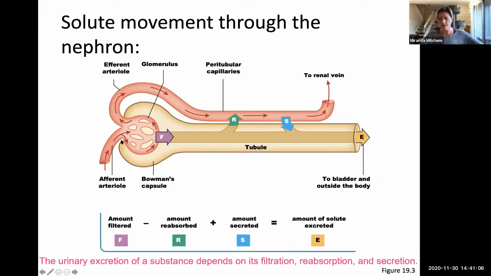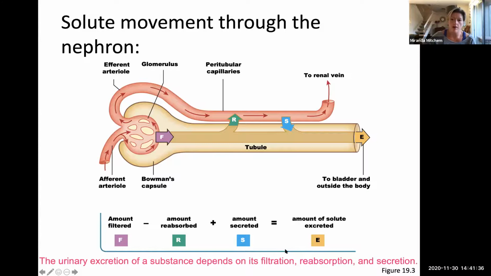In some ways, this is a simpler figure, but we're focusing on the blood flow coming into the glomerulus and then right back out the efferent arteriole. Whatever passes through in the filtrate then moves into the nephron, where it is either reabsorbed to the bloodstream or material is secreted from the bloodstream into the tubule, and then whatever is left over is excreted.